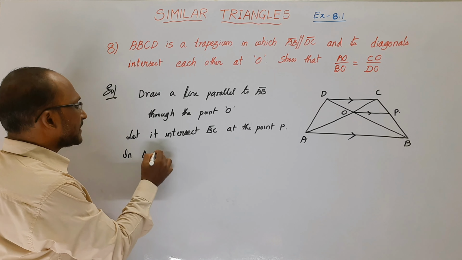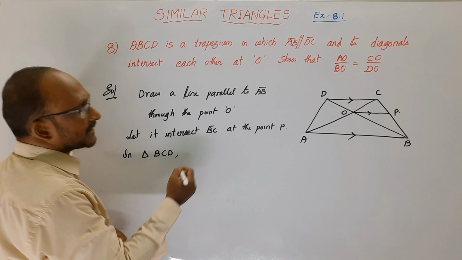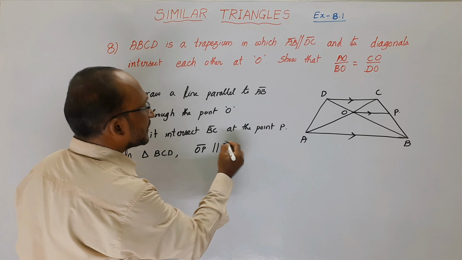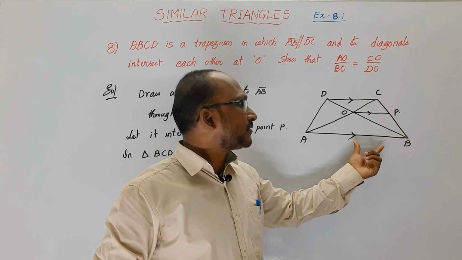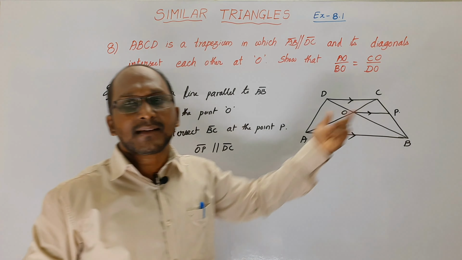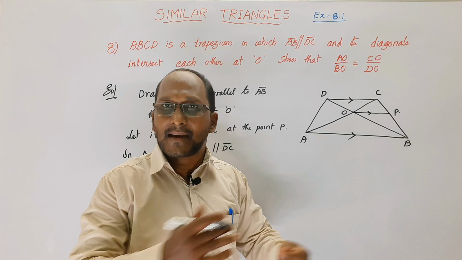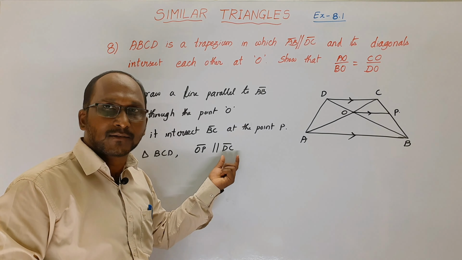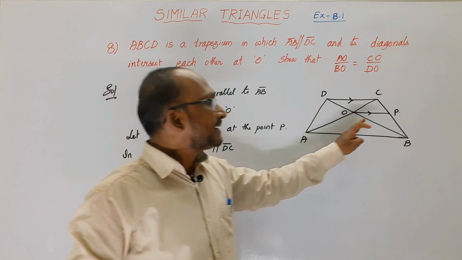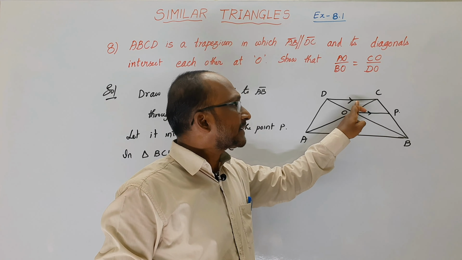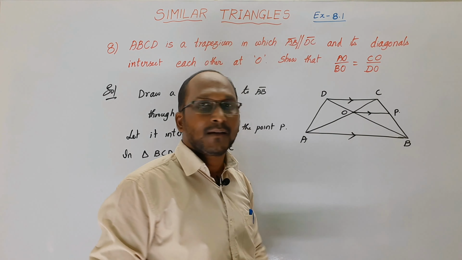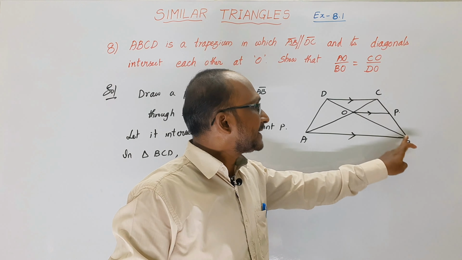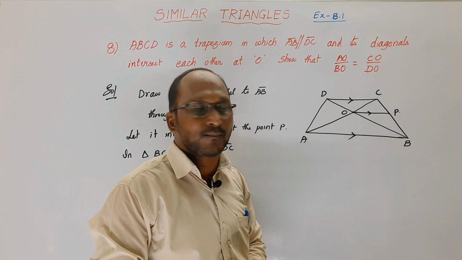Now let us consider the triangle BCD. In triangle BCD, OP is parallel to DC, because if OP is parallel to AB, it is also parallel to DC, as AB and DC are parallel sides in the trapezium ABCD. As this line is parallel to one of the sides of triangle BCD, by the basic proportionality theorem, this line divides the other two sides in the same ratio.